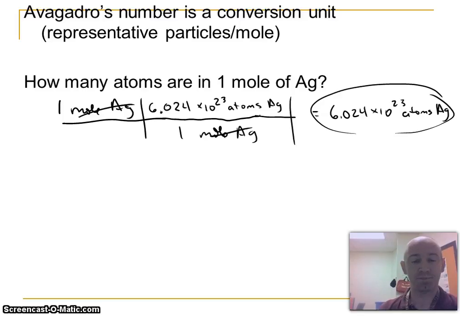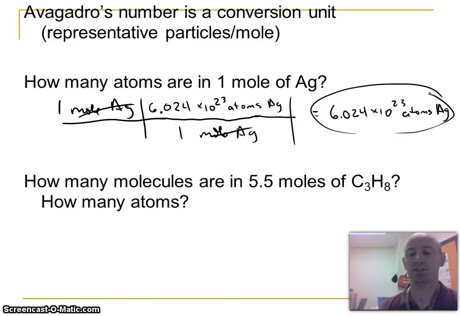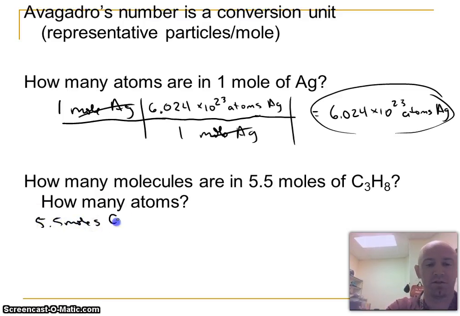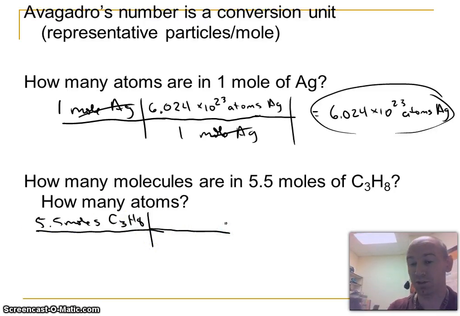Let's try another one. How many molecules are in 5.5 moles of C3H8, or propane, as C3H8 is more commonly called? We're going to set this up exactly the same way. Our starting point is 5.5 moles of propane. And I'm going to convert moles of propane into molecules.